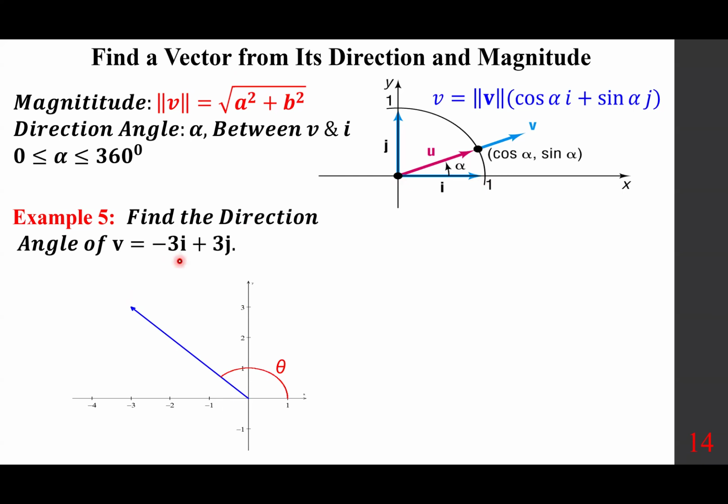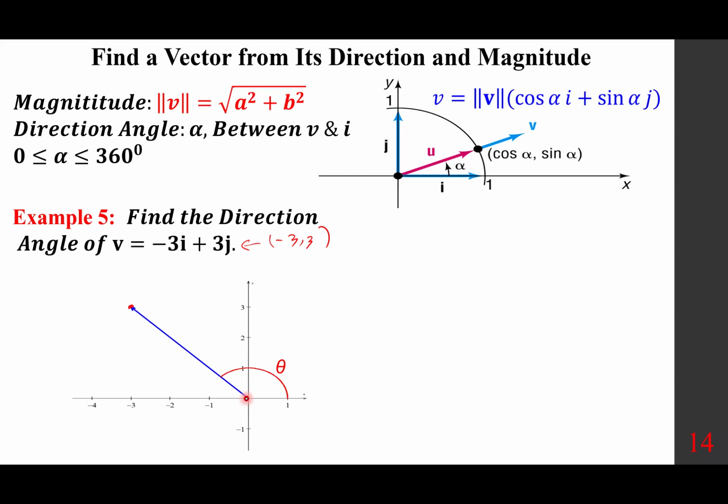In other words, just plot the pair negative 3 comma 3. This means, class, plot the pair, that point, and then draw a vector from the origin. That's it. So we are in the second quadrant.